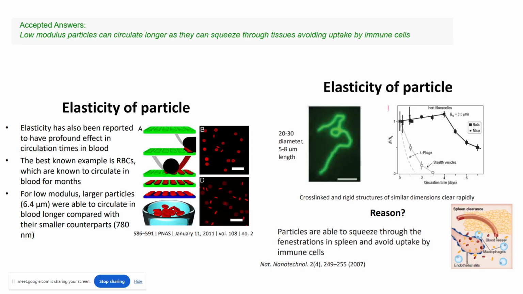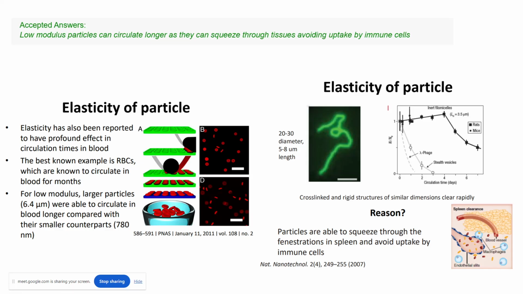So low modulus particles circulate longer as they can squeeze through tissues, avoiding uptake by immune cells. In terms of elasticity, the low modulus particles can basically squeeze through fenestrations in spleen like this. So they can easily squeeze through the gap between two endothelial cells.